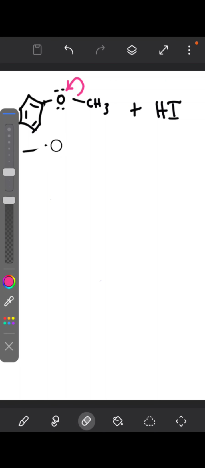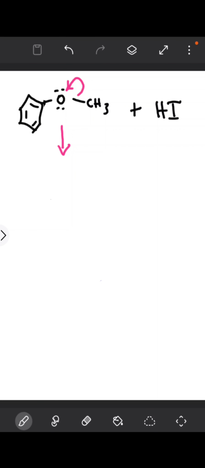Once that happens, it's going to give us this product here. Then we have the oxygen. Remember what this arrow means, that is taking up the whole bonding electron.